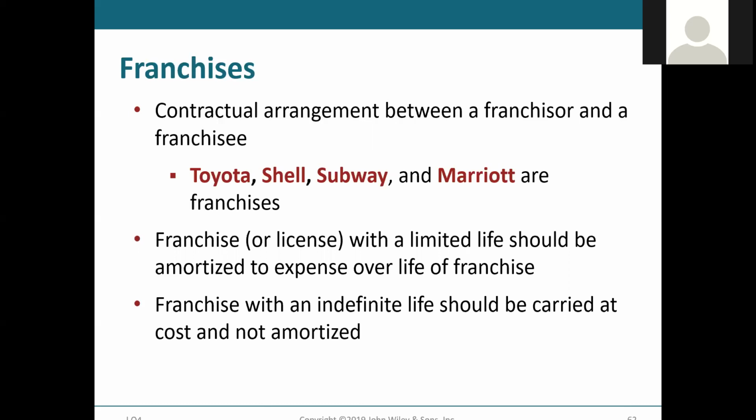A franchise is a license with a limited life that should be amortized to expense over the life of the franchise. If the franchise has an indefinite life, you can't amortize. And by the way, Derek, that's true about anything in the world of intangible assets. If you do not know what the life is, you cannot amortize. It's just going to sit there at the original cost.